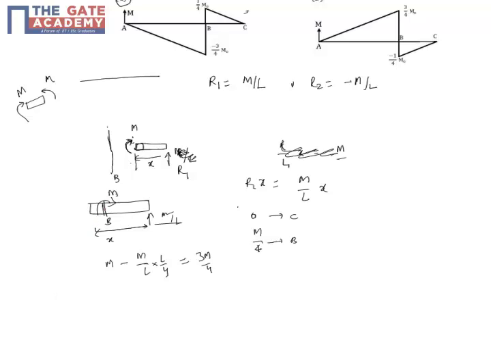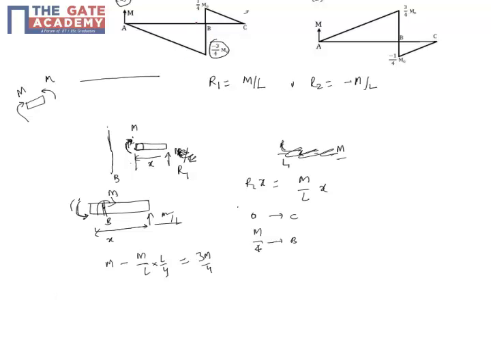So the direction is changed here. The reaction of the beam just to the left of B has to be in this way, and it has changed to 3M by 4. Initially it was positive and it was M by 4. Here the direction got changed, or if you want to consider it this way, it is minus 3M by 4.